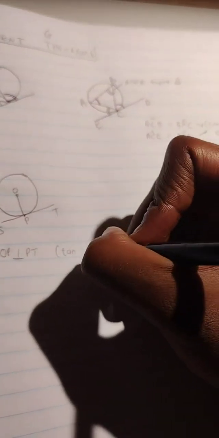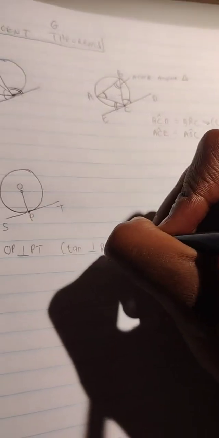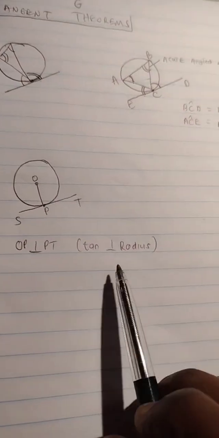What's the reason? We say that a tangent is perpendicular to our radius.